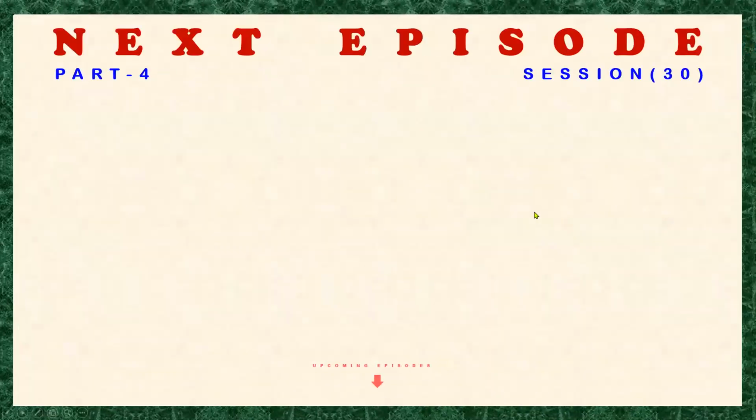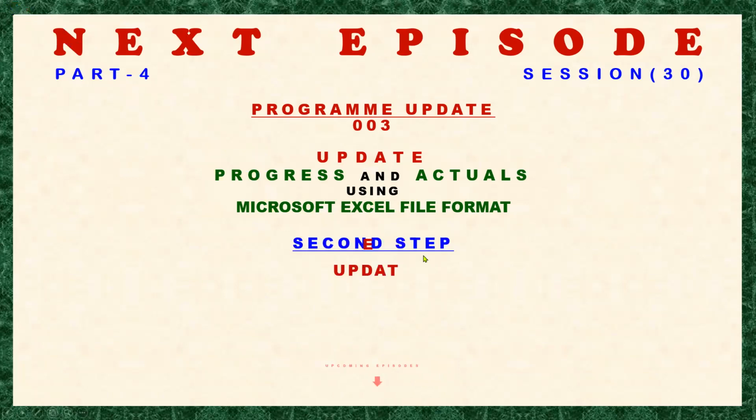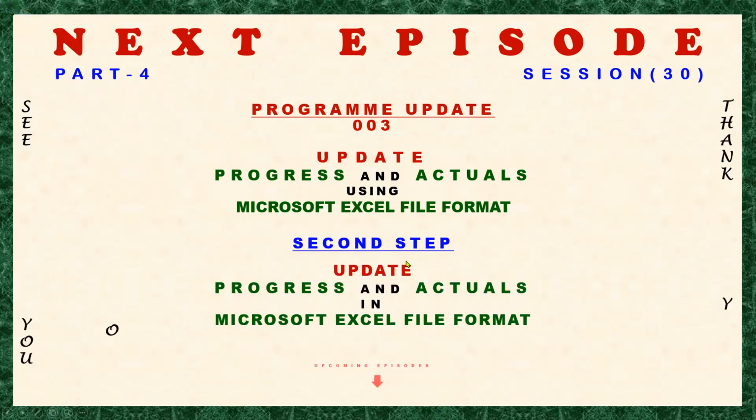Our next episode is part 4, session 30, program updates 003, which is to update the progress and actuals using a Microsoft Excel file. Actually, this is our second step in the process of updating our program using the Excel file format.